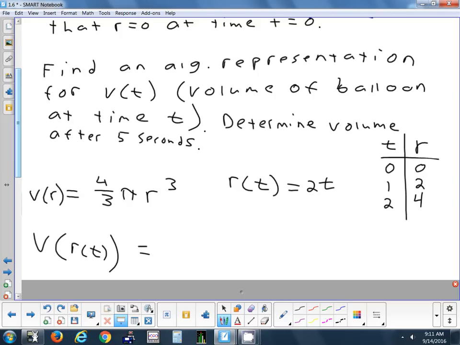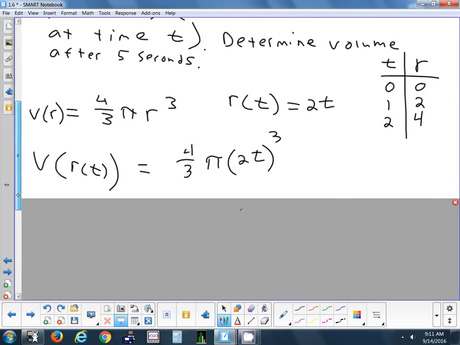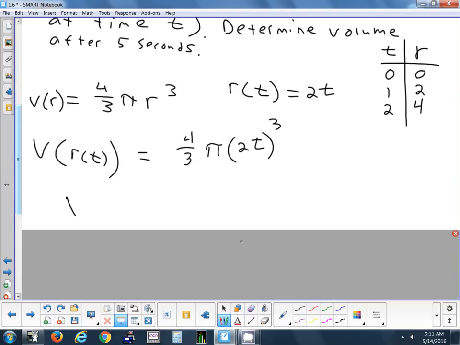So I want the volume as a function of time. So take 4/3, pi, and now everywhere you have an r, replace r with 2t. Now what you have is volume as a function of t, time.